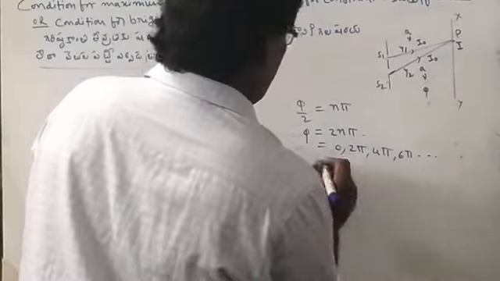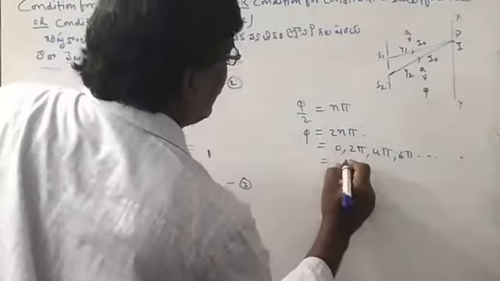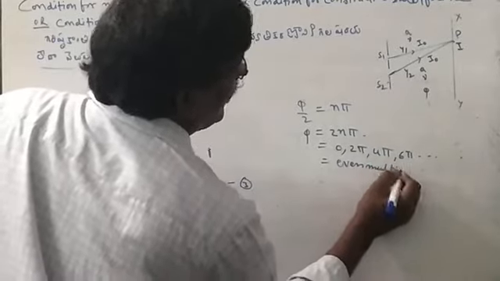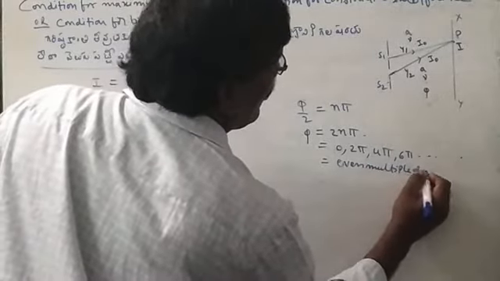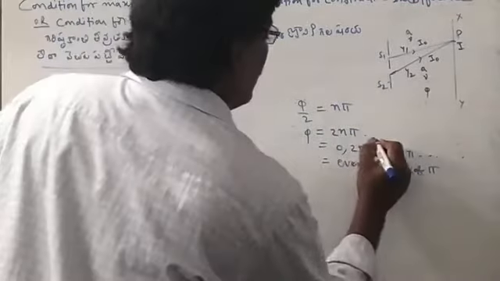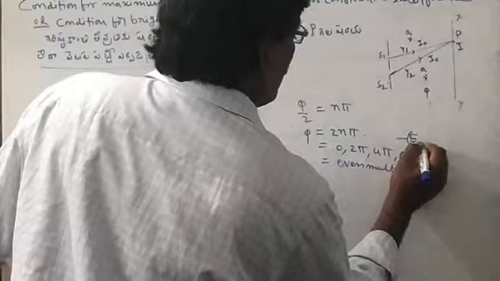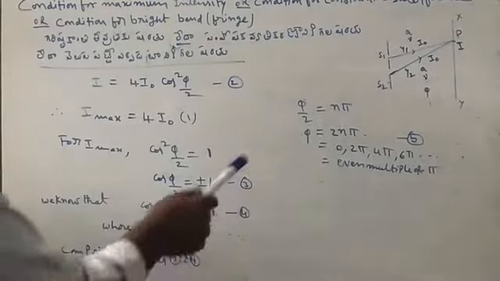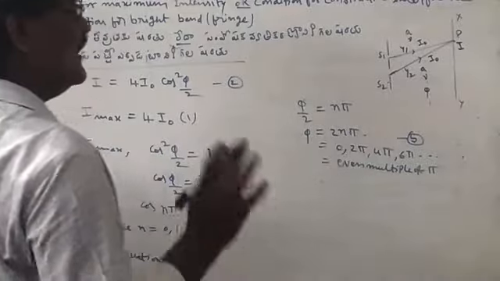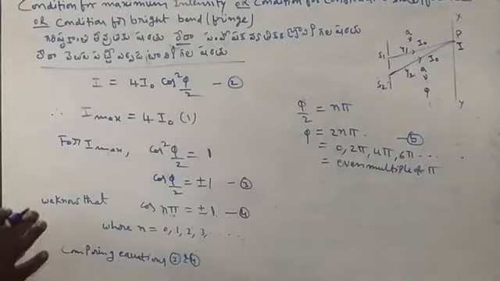That is an even multiple of pi. This is the condition for maximum intensity: phi is equal to 2n pi is the condition for maximum intensity.